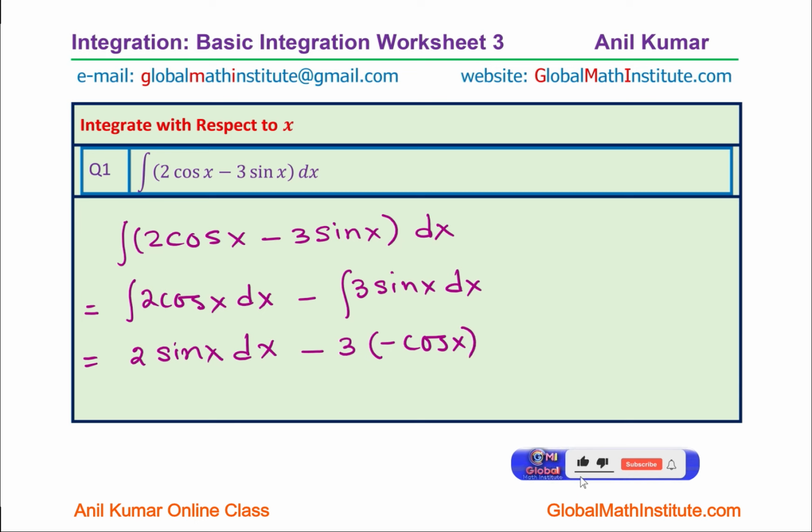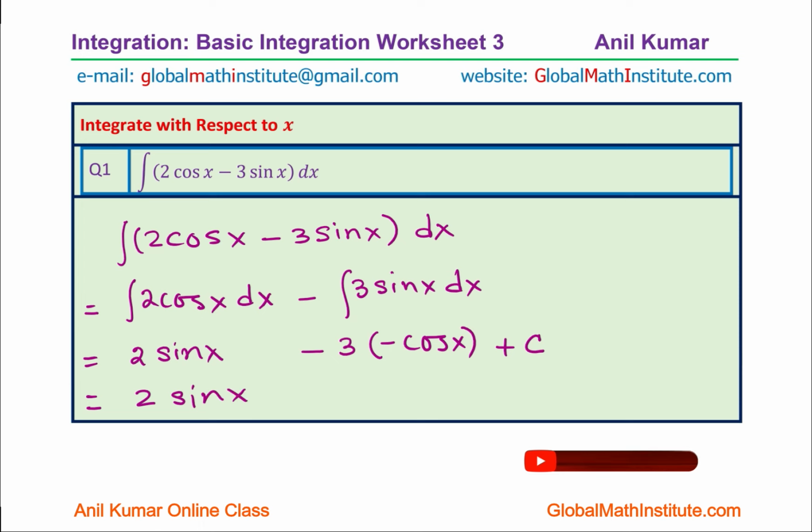And these are indefinite integrals since we are not knowing the initial conditions. So we have to write plus c always, right? So now you can write the final answer, which is 2 sin x. Well, no need to write dx, that was a mistake. So 2 sin x minus and minus becomes plus 3 cosine x plus c.